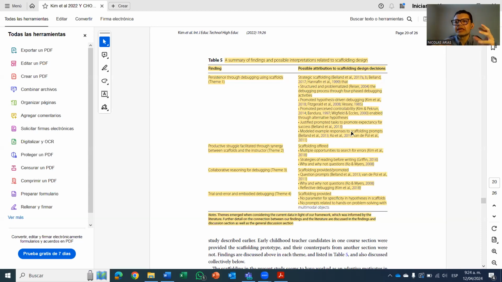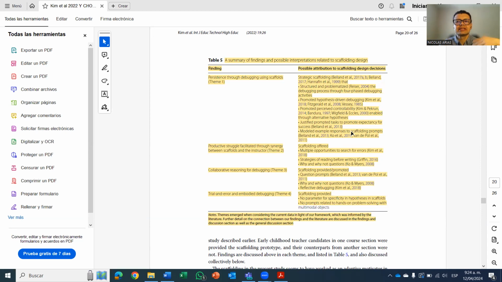They are showing how this process showed them the points where they could advance, the points where they found difficulty, and how they began to solve and face the problems that were presented. And for collaborative reasoning for debugging, they say that scaffolding provided promoted question prompts, why and why not questions, and reflective debugging.